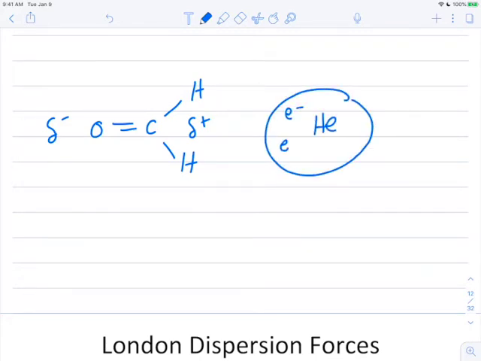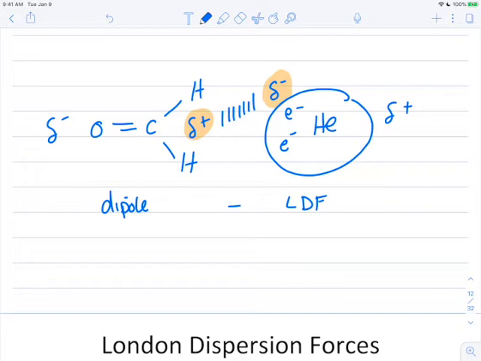So let's say that I have something like this is our formaldehyde, and here is our helium, and for one instant, we have negative over here, and we have a positive over there, and we would have an interaction between these, and this would be a dipole London dispersion force interaction.